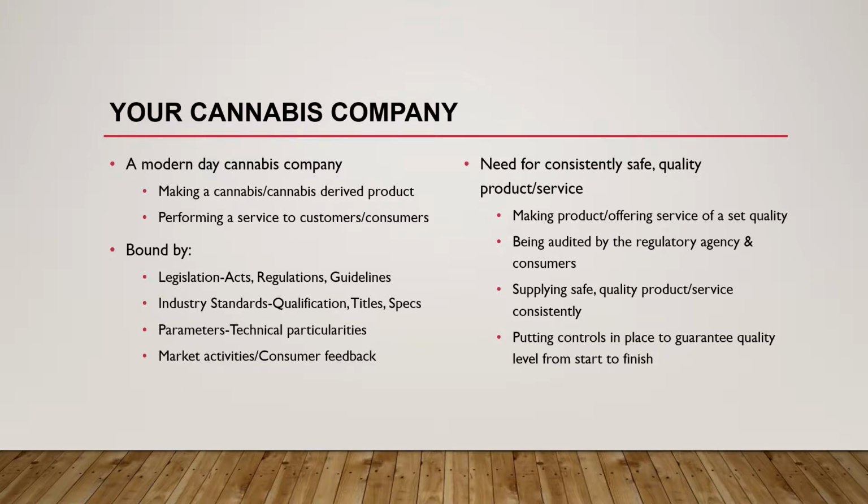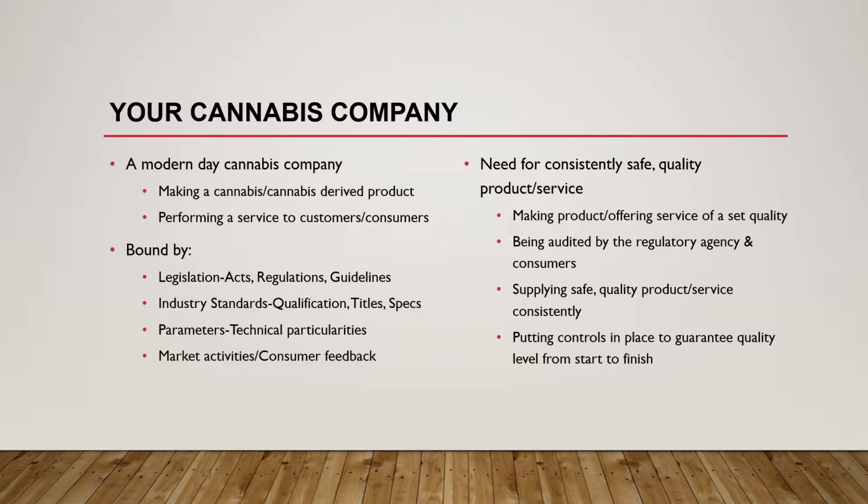So what should your cannabis company look like in today's landscape? Well, a modern cannabis company would be making cannabis and cannabis-derived products, performing a service to customers and consumers, would be bound by legislation such as acts, regulations, guidelines, industry standards, qualifications, titles and specs, parameters, technical particularities, market activities, consumer feedback.